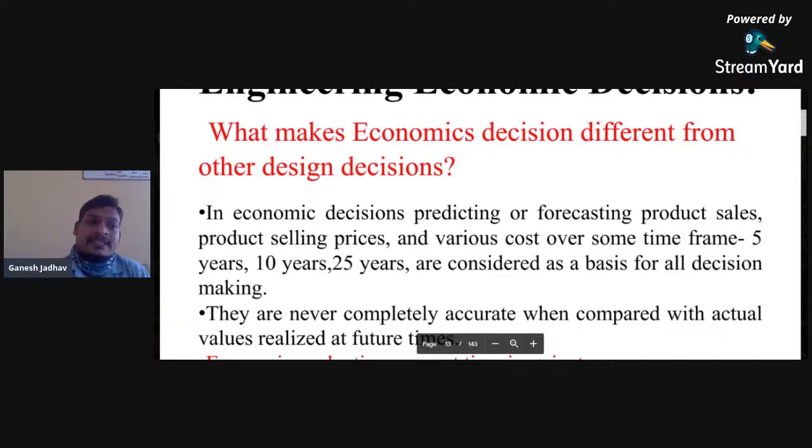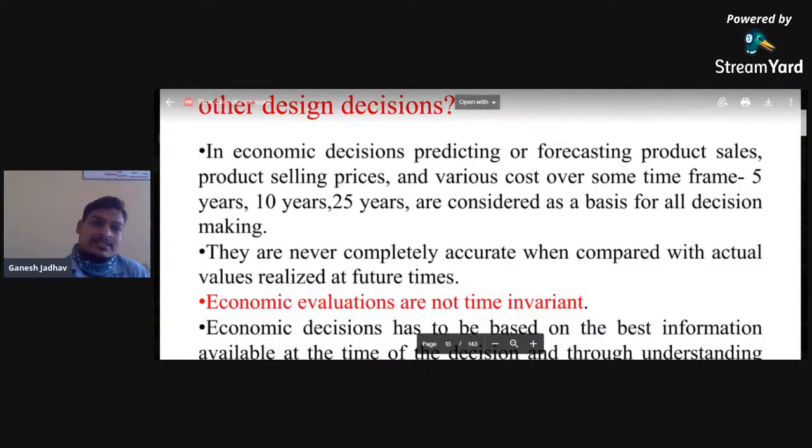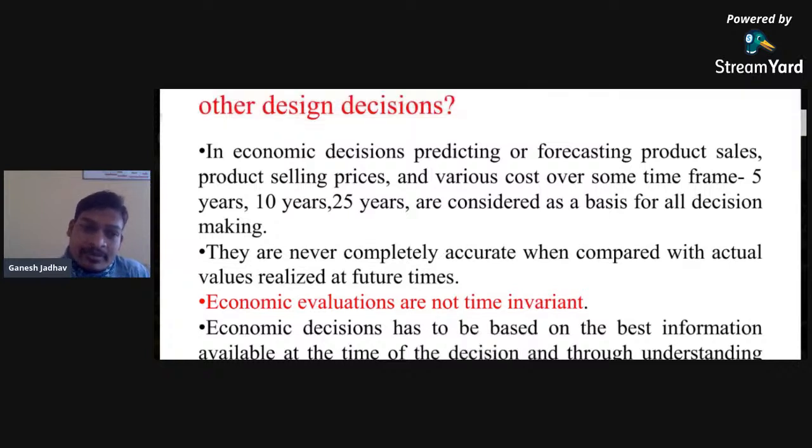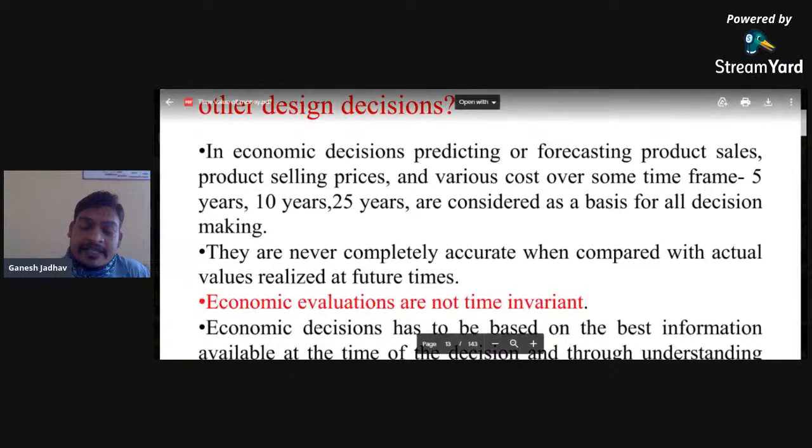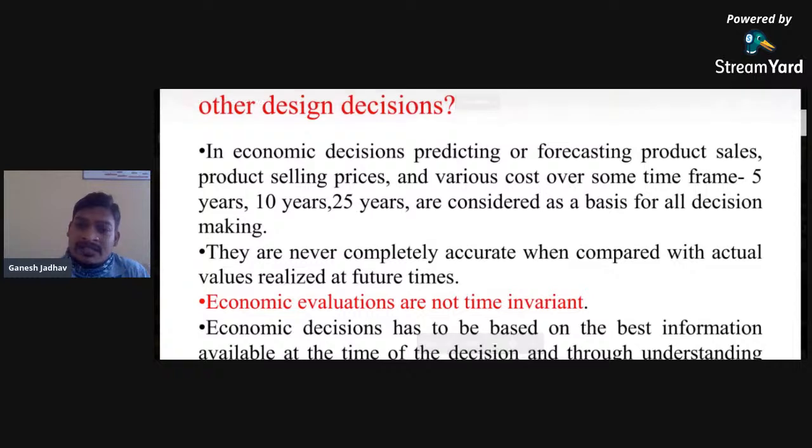Another one, they say that in economic decision, predicting and forecasting product sales, the product selling prices, and the various costs over the same time frame, 5 year, 10 year, and 25 year. They give the example of any product's selling price. The cost over the time frame for 5, 10, 25 years is considered the basis for all decision making processes.